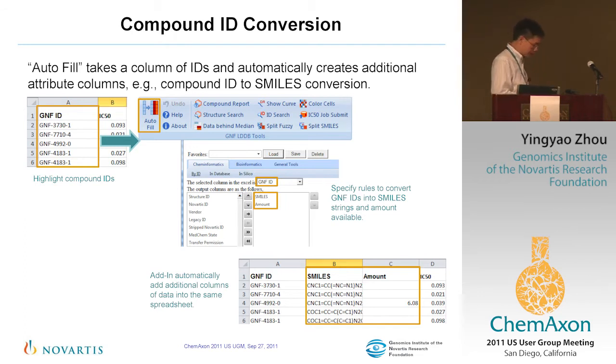So the idea here is that someone in the group will write a web service which can convert a compound ID into smiles. Another person will write a web service which can take a compound ID and do something and report the amount available. They publish these. They have no knowledge about Excel programming. They publish these for the adding, and then the adding will take care of the rest.